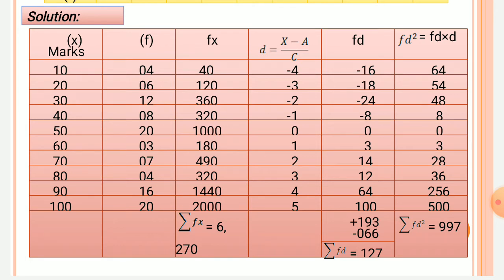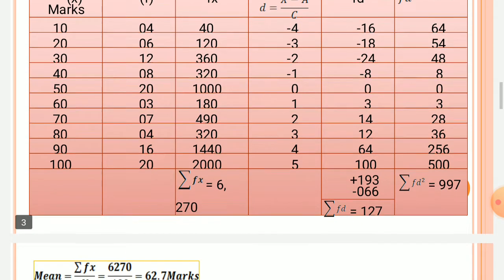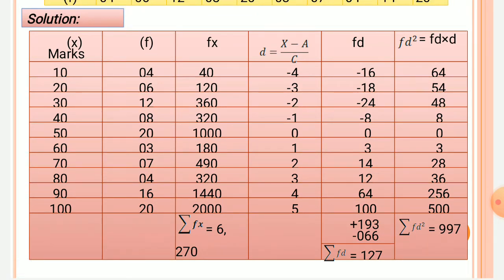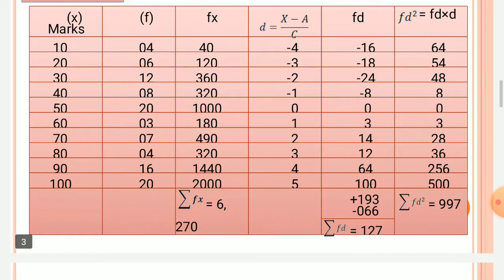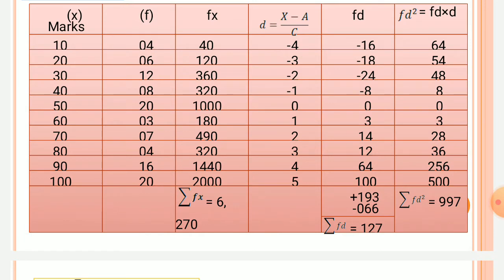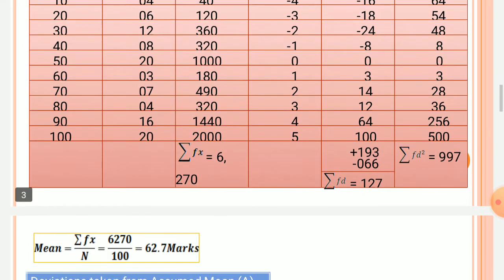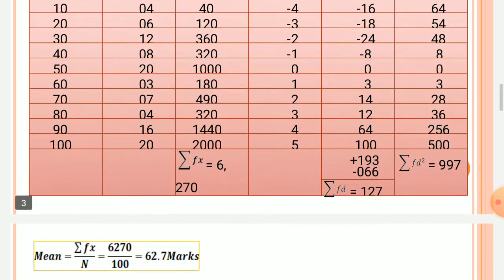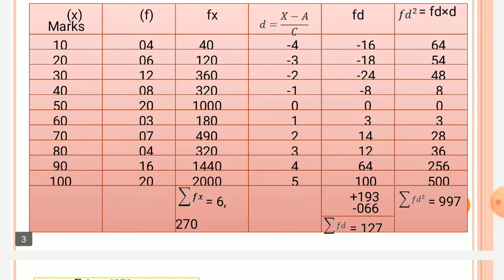Then sigma fd square is equal to 997, sigma fd is 7, and sigma fx is equal to 6270. Now n is equal to 100.